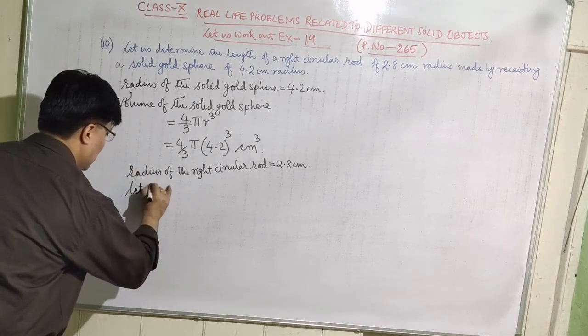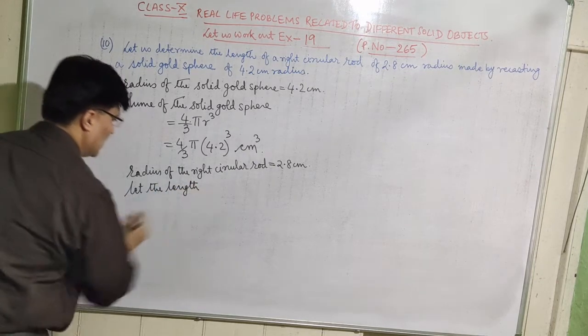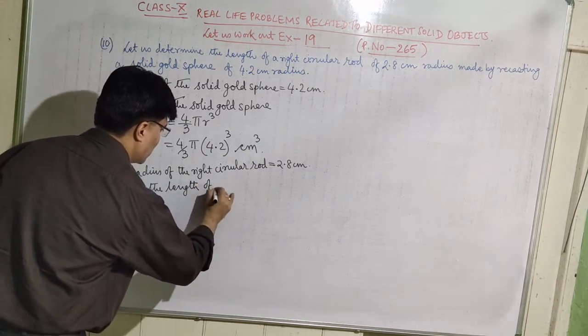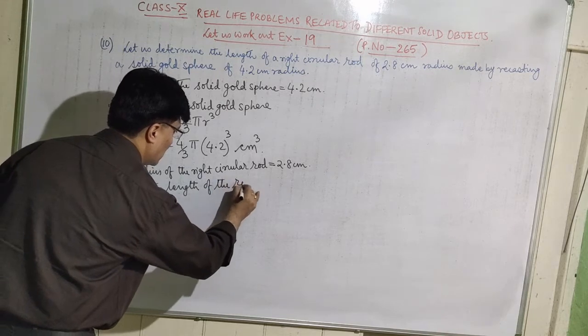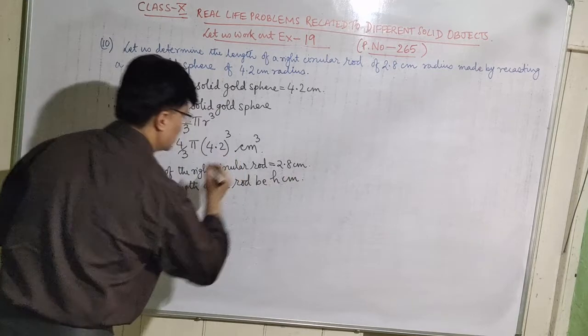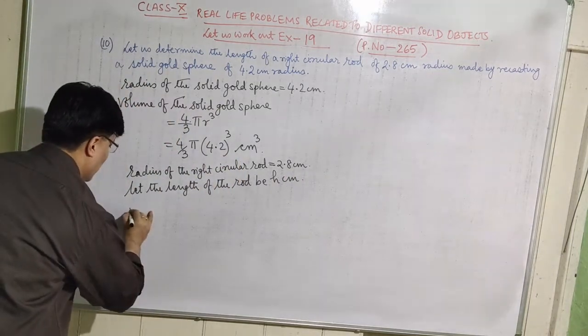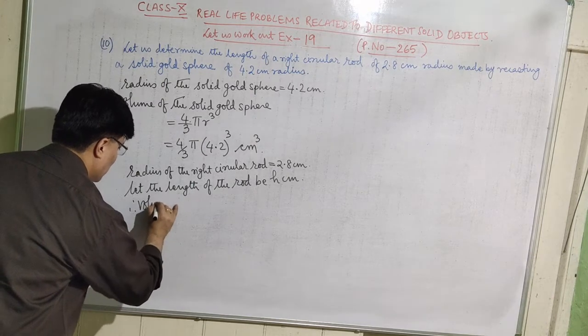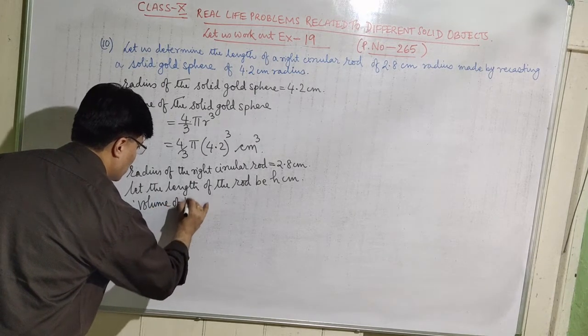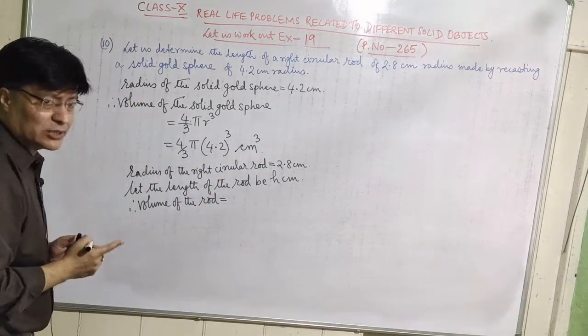Let the length of the rod be h centimeter. So for this also we find the volume. Therefore, the volume of the rod, so it is of right circular cylindrical shape.